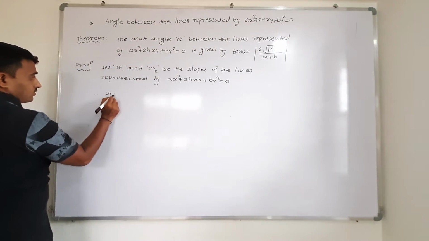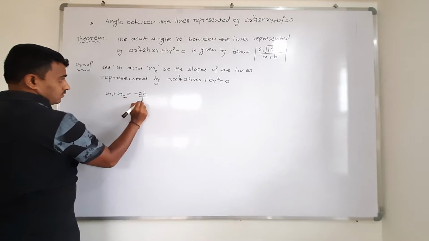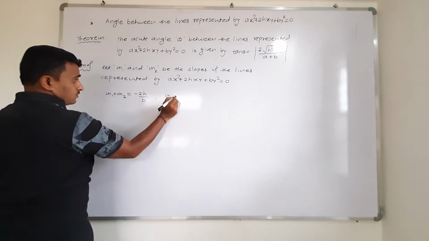Therefore m1 plus m2 is equal to sum of the slopes, minus 2h by b, product of the slopes m1 m2 is equal to a by b.